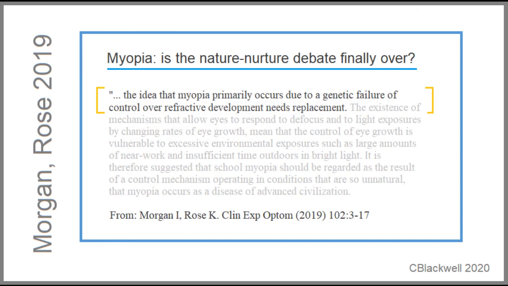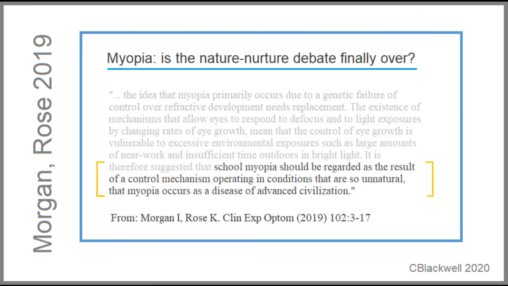Second, the idea that myopia primarily occurs due to a genetic failure of control over refractive development needs replacement. It is therefore suggested that school myopia should be regarded as the result of a control mechanism operating in conditions that are so unnatural that myopia occurs as a disease of advanced civilization.